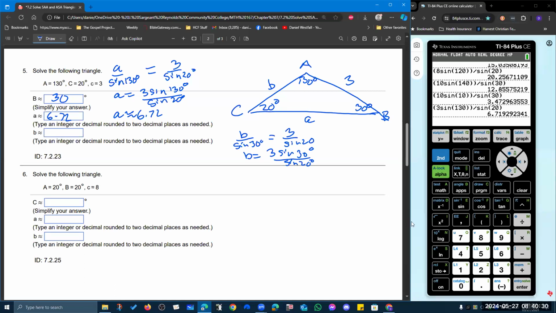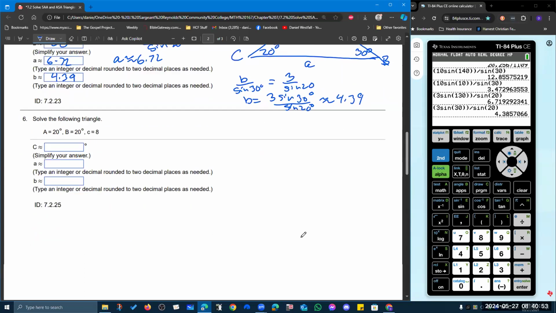And so 3 sine of 30 divided by sine of 20 is 4.39. There we go. Let's look at this next one here.